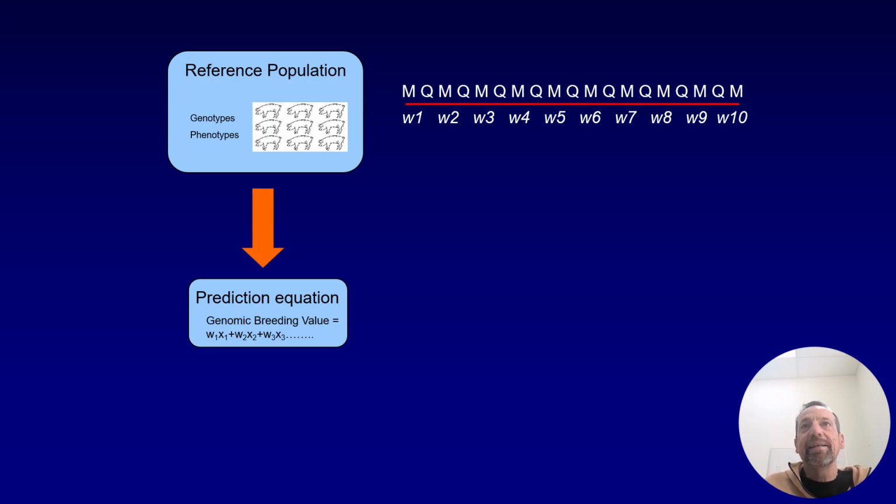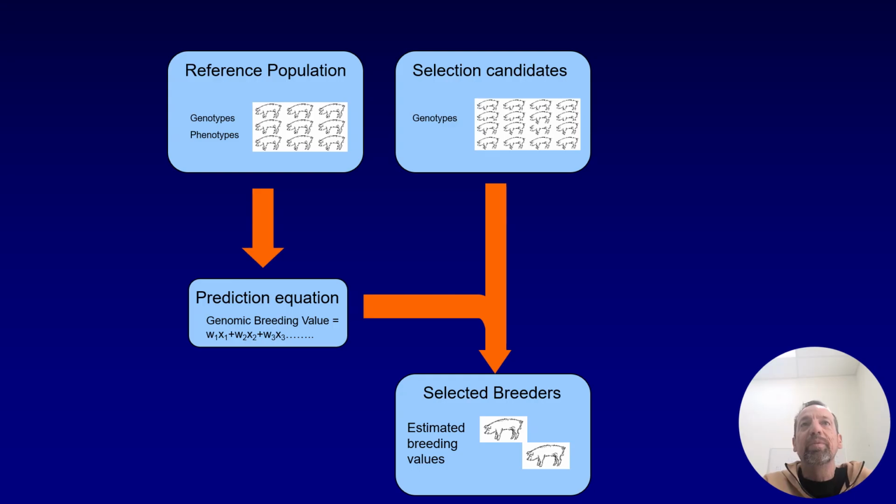Once you have that, for breeding, you're really in business because you can go into the population, your candidates, potential parents for the next generation, genotype them, run their genotypes through the prediction equation, get their estimated breeding values, and then select them. And today we're going to focus on different methods for getting this prediction equation and producing genomic breeding values.